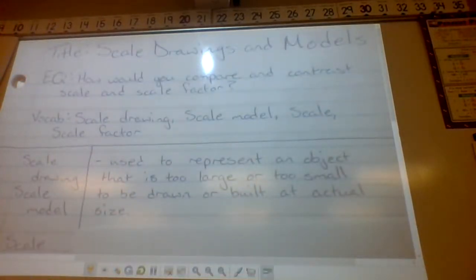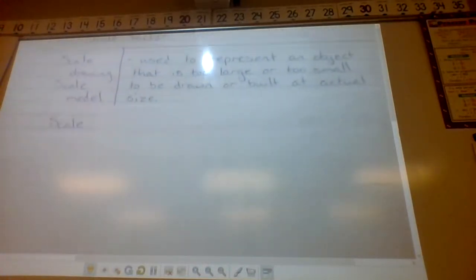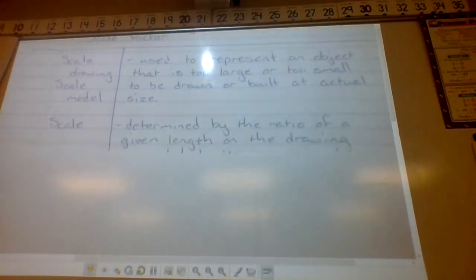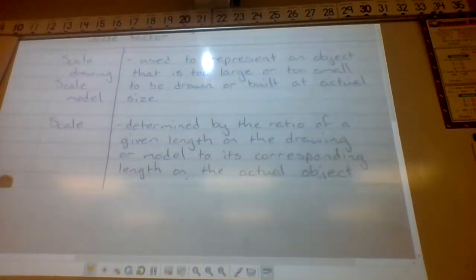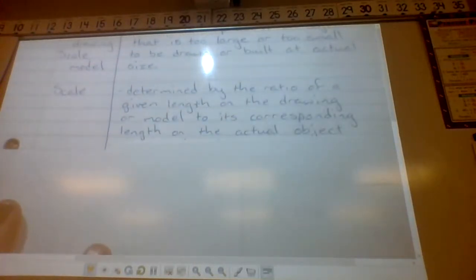Next, we have scale. Scale is determined by the ratio of a given length on the drawing or model to its corresponding length on the actual object.